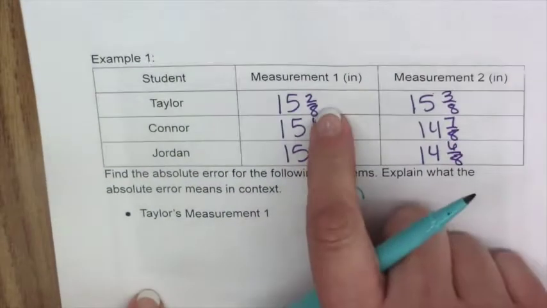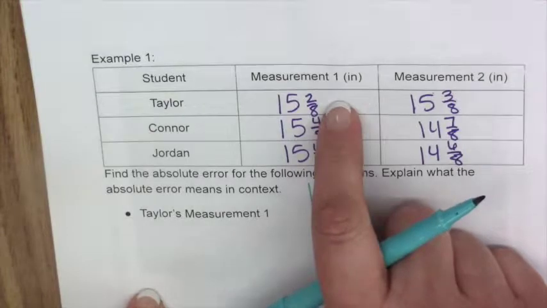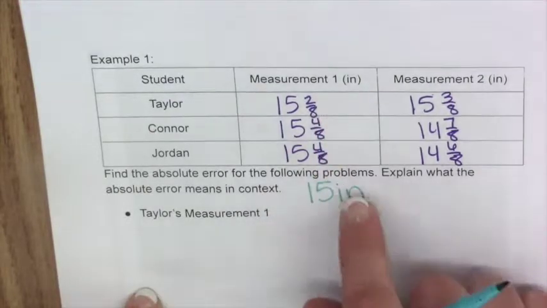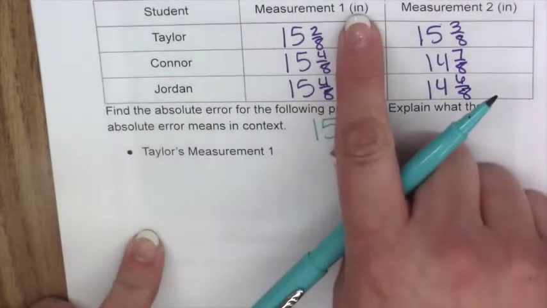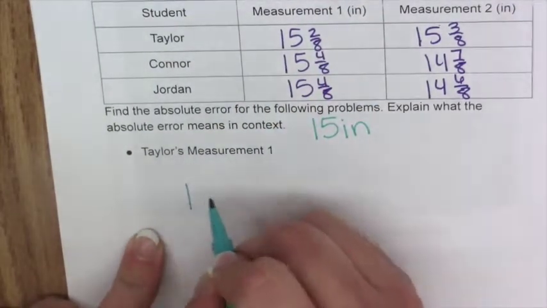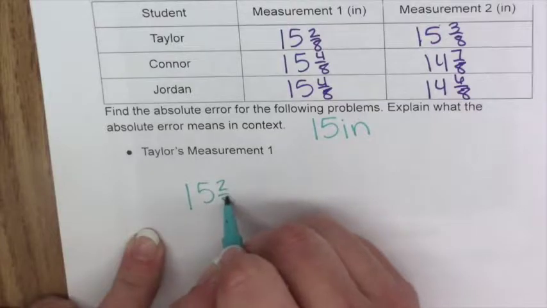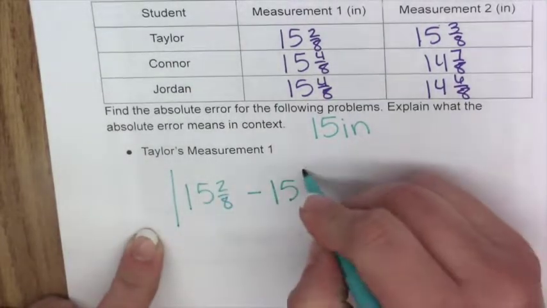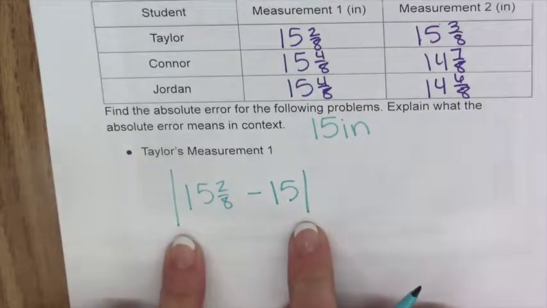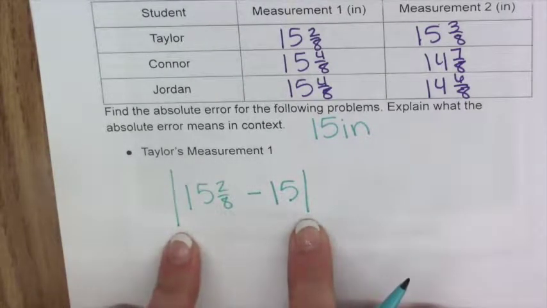I always like to start with the measurement that I measured and then take that and subtract out what the actual measurement was. So we're going to do Taylor's first measurement, which was 15 2/8. And we're going to subtract out the actual measurement, and we're going to put that in our absolute value brackets. Now, if you remember from numeric analysis, your absolute value brackets mean the distance from 0.